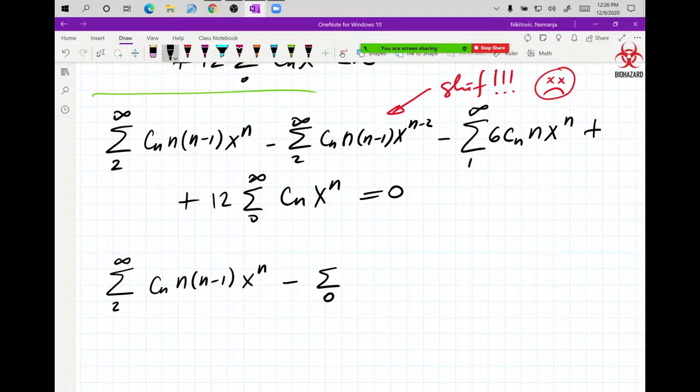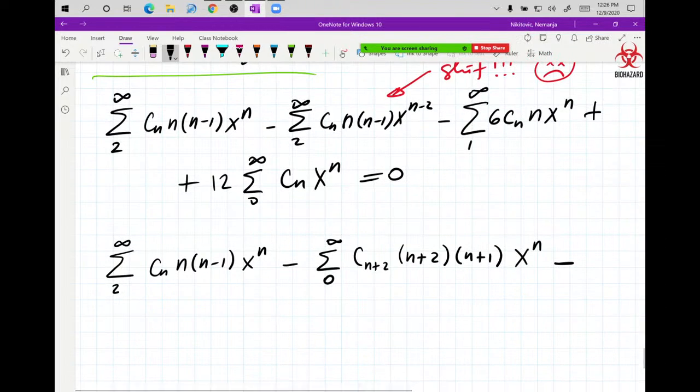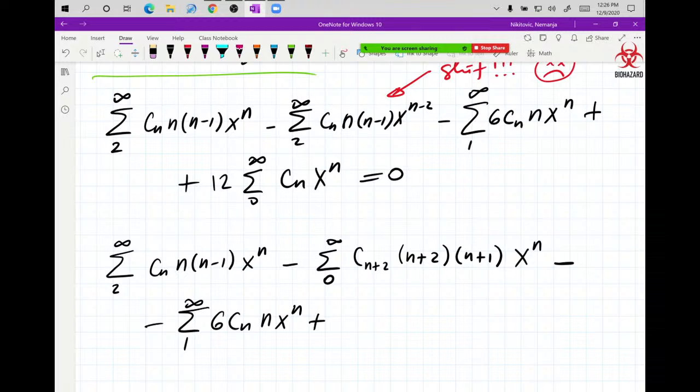We shifted that because I have to shift to line up x to the n as well. So infinity right there. Now we have Cn plus 2, n plus 2, n plus 1. This is the same shift as we had earlier. So I'm just flying through it. Minus summation 1 to infinity 6 Cn n x to the n, plus put 12 inside, summation 12 Cn x to the n equals 0. This is 0 to infinity.